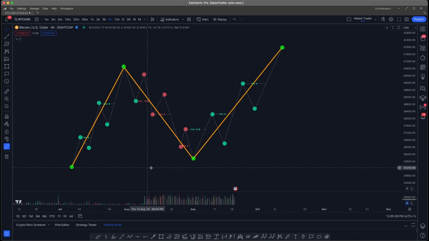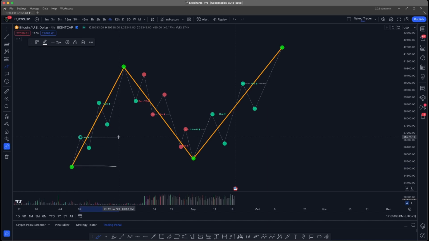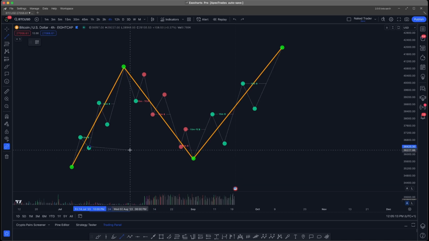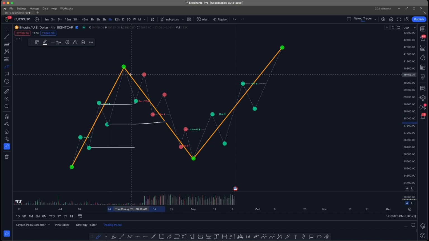And then from our perspective, the 4 hours, so that's the 15 minutes. So each one of these is effectively a range, right? So there's the first range. Then the second range is here. Third range becomes this. We fail to break to the high.